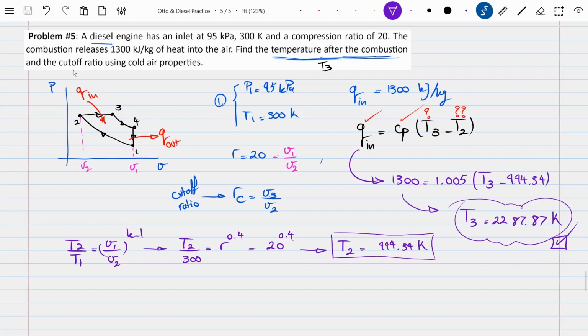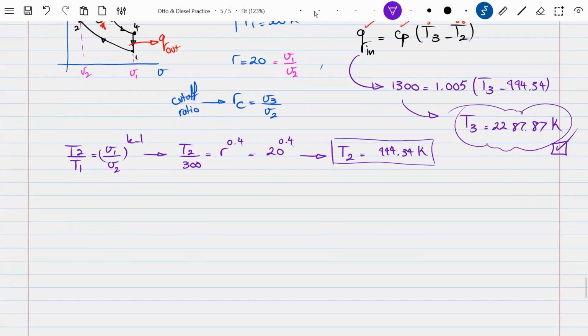Next part of the problem asks us for the cutoff ratio. Let's see what we can do. So the cutoff ratio is V3 over V2. I know that the process 2 to 3 is a constant pressure process, so I can say P2 is equal to P3. I can combine this with the ideal gas equation.